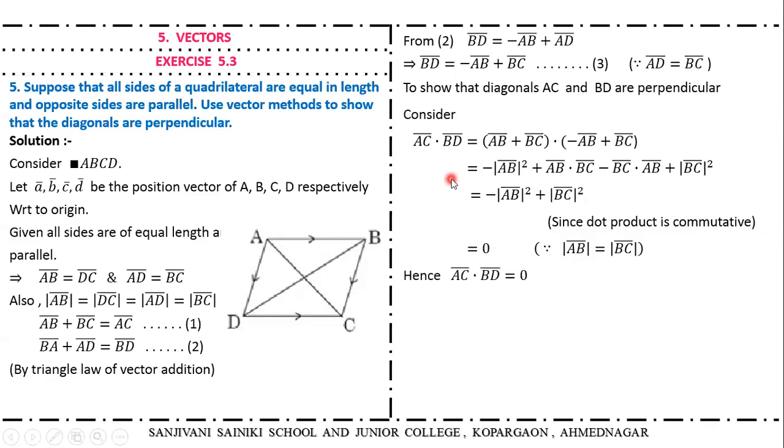When the dot product of two vectors is 0, the vectors must be perpendicular. This is the property of dot product. So AC bar is perpendicular to BD bar, which implies diagonals AC and BD are perpendicular to each other.